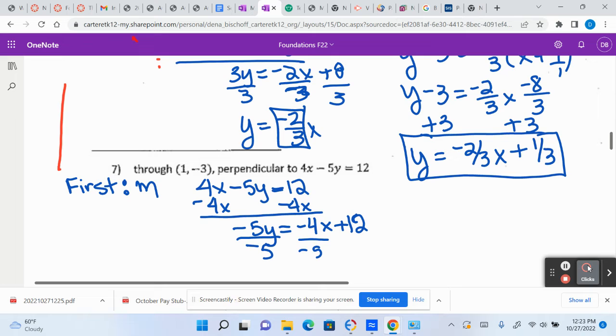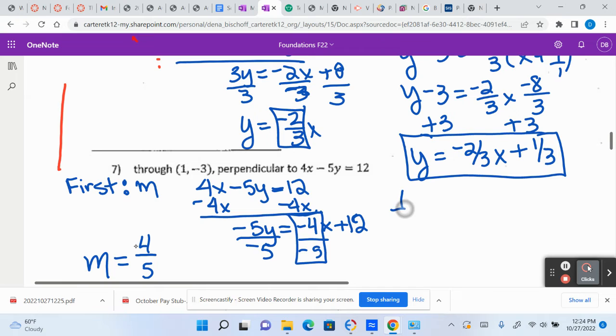I'm not even going to put it under the 12 because I don't care about that. All I care about is the slope. What does my slope become? What does this become? What's negative 4 over negative 5 become? A positive 4 over 5. A negative divided by negative is just a positive. Okay? So that's my slope.